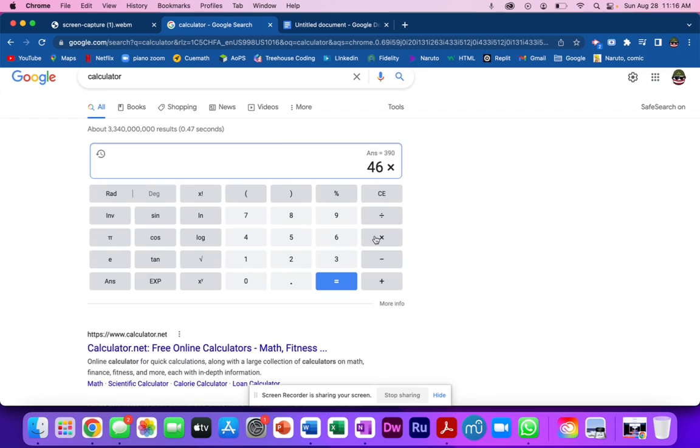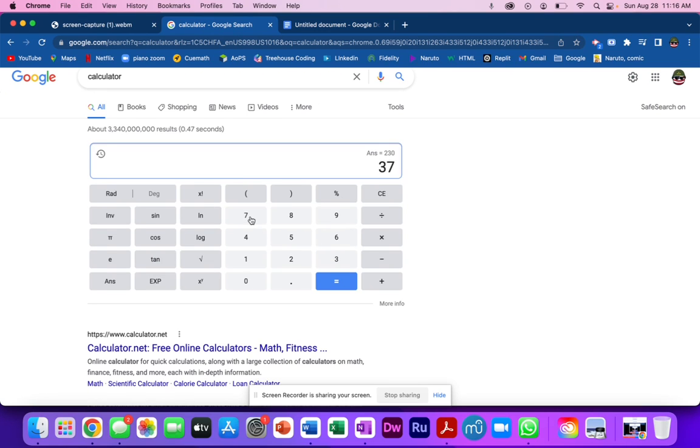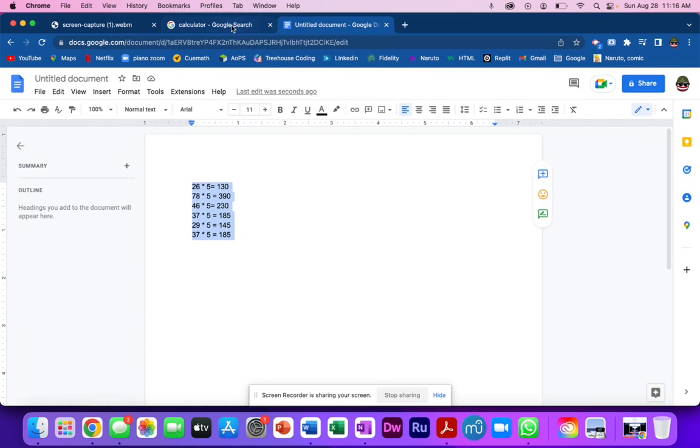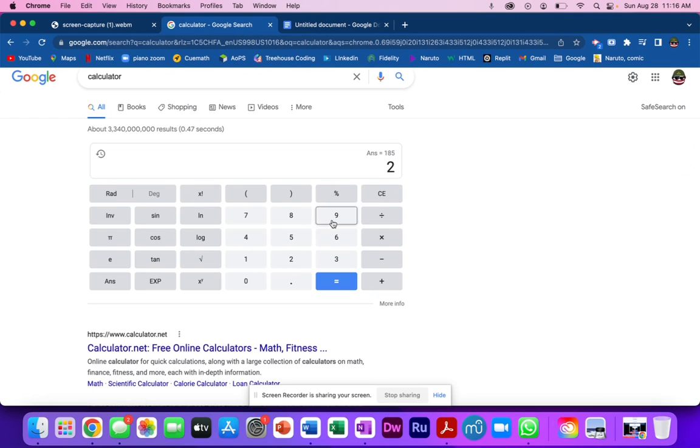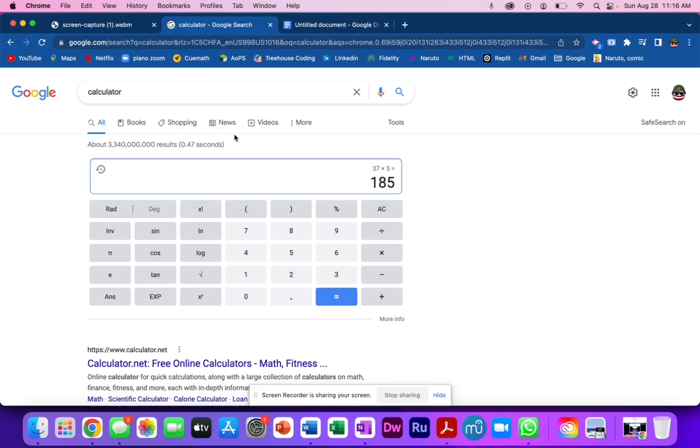So 46 times 5 is 230. 37 is 185. Good. 29 times 5 is 145. 37 times 5 is 185. Perfect. So now we learn how to multiply by 5.